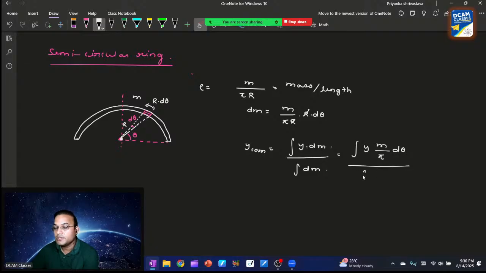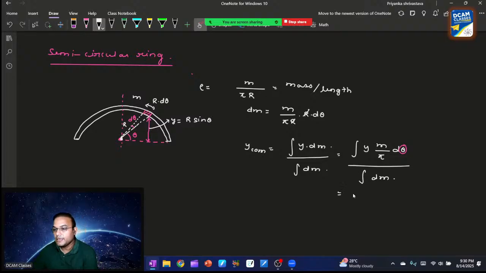Now here comes the problem. Here we have the variable as theta, but y is different. So we have to find y in terms of theta, and you will be able to do it very easily now. Because this is y. Y is what? R sine theta.